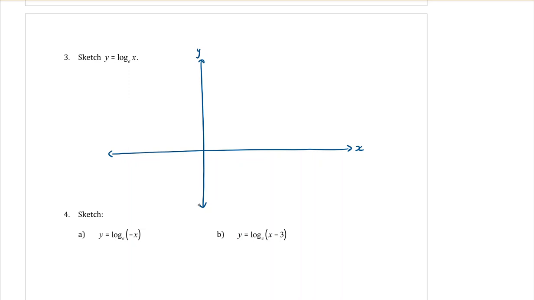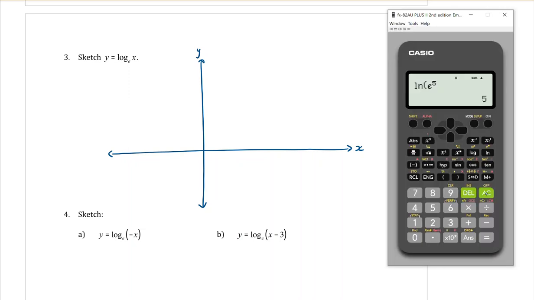If you were to grab your calculator and we're doing log base e, so we're going to be using the ln button, if you select any negative number of x, so let's say, for example, -2, ln of -2, your calculator will give you an error, and that is telling you that the graph actually doesn't exist for negative values of x. There's nothing over there, okay? What about 0?